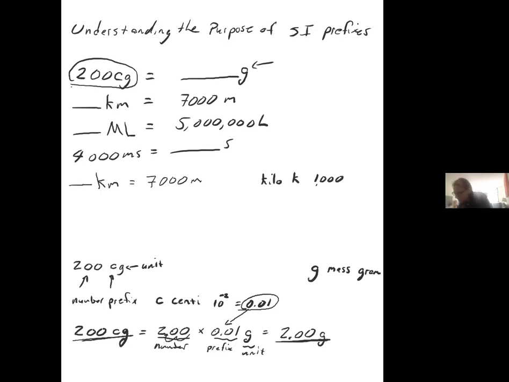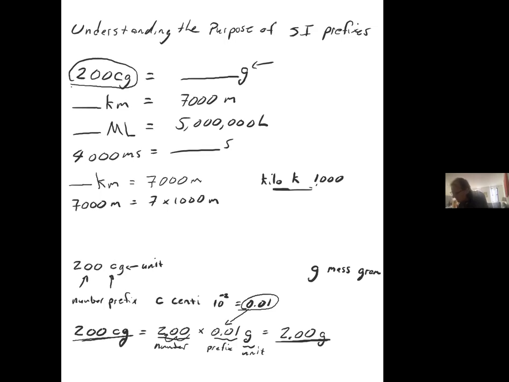So now we want to go from 7,000 meters into kilometers. Here's what I'm going to do. I'm going to say that 7,000 meters is equal to 7 times 1,000 meters. 7,000 is the same thing as 7 times 1,000. Well, 1,000 is kilo.